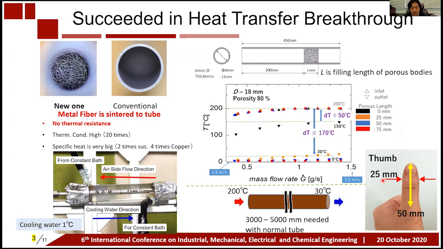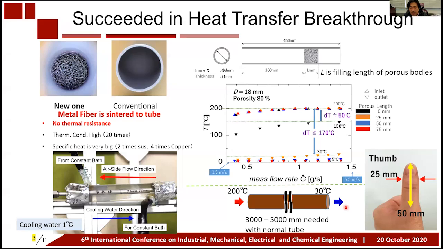That is to say, we have succeeded in reducing the length of the heat transfer tubes to 1/100. Because conventional diameter tubes require a length of 3,000 or more to cool down from 200 degrees Celsius to 30 degrees Celsius.